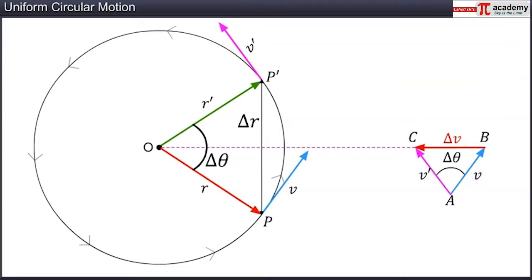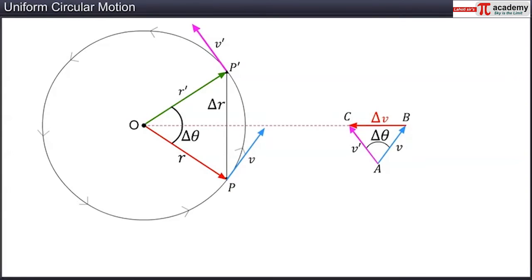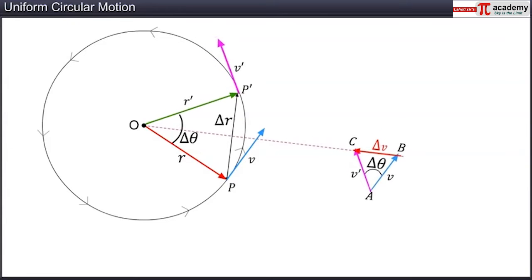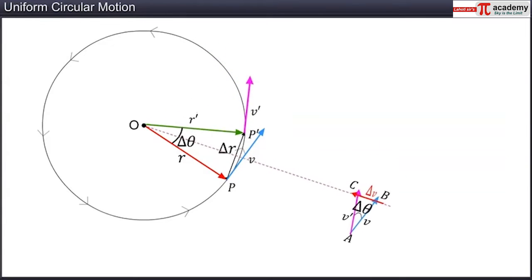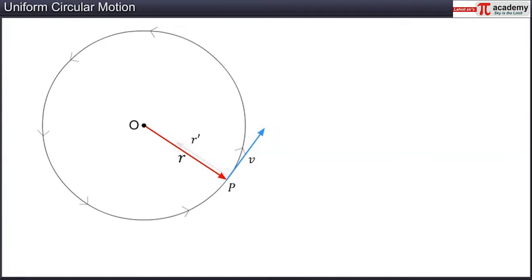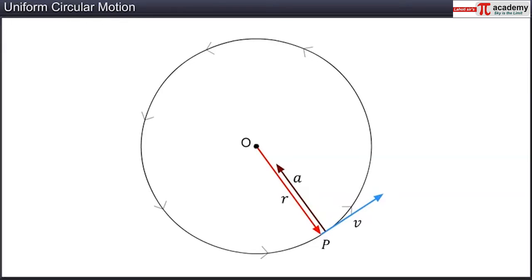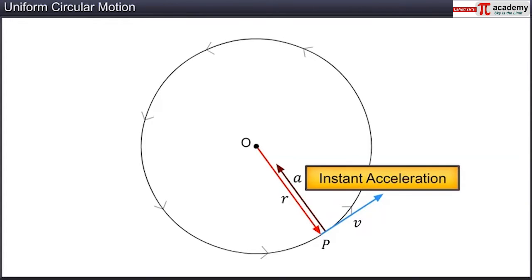We can verify all these by changing the position of the point P'. As delta t tends to 0, the angle delta theta also tends to 0, and hence the average acceleration becomes instant acceleration.